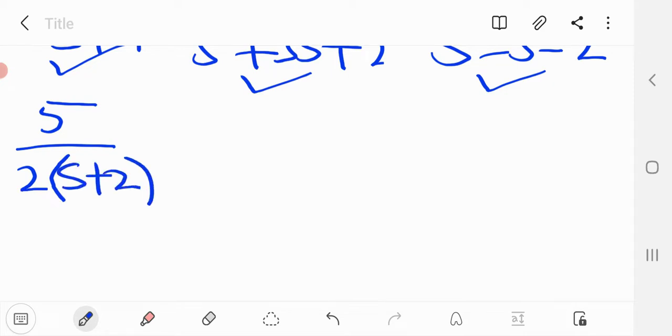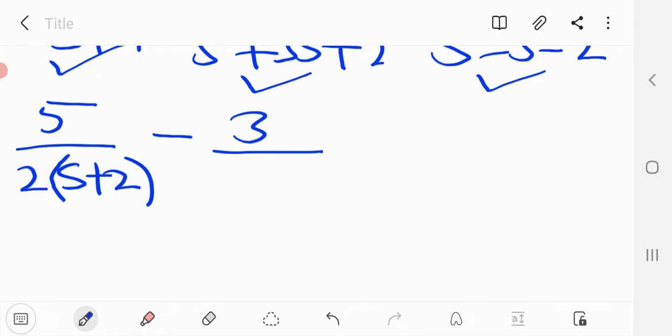In the second one, minus 3 divided by s square plus 3s plus 2. Since this is a quadratic equation, according to the rule of factorization, the constant term will be multiplied with the quadratic term, so it will become 2s square. The middle term, 3s, will be split into two terms, and when those two terms are added the result should be 3s, and when they are multiplied the result will be 2s square.